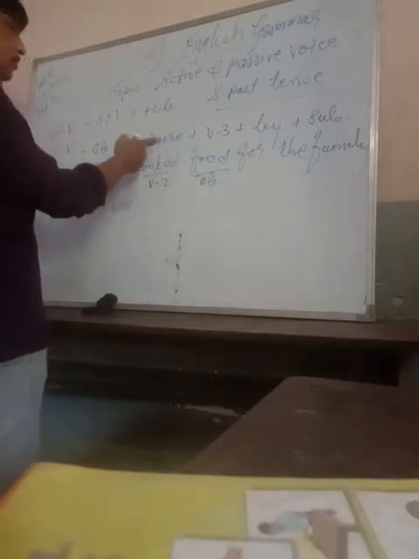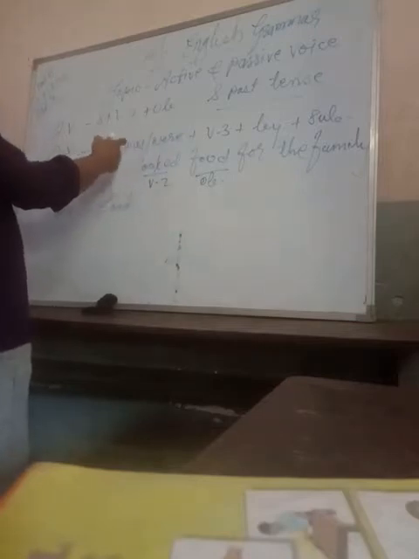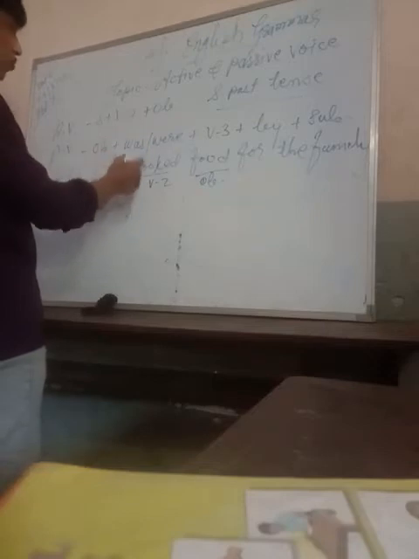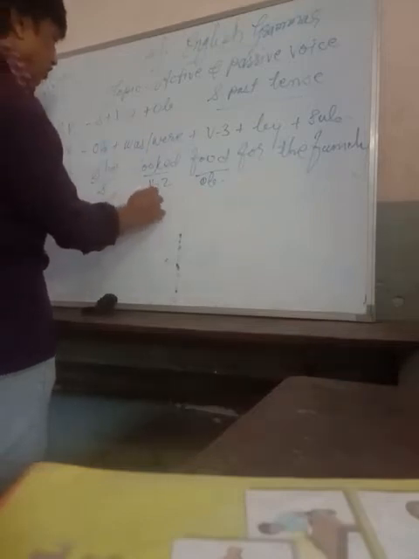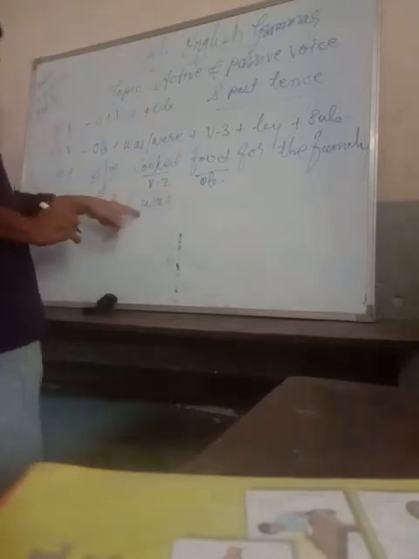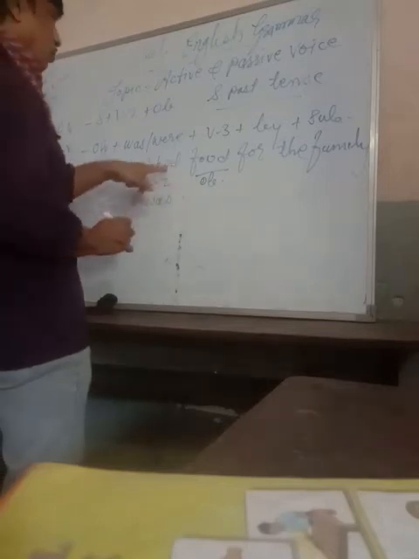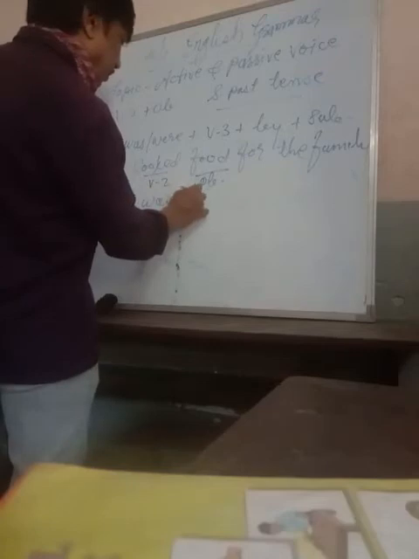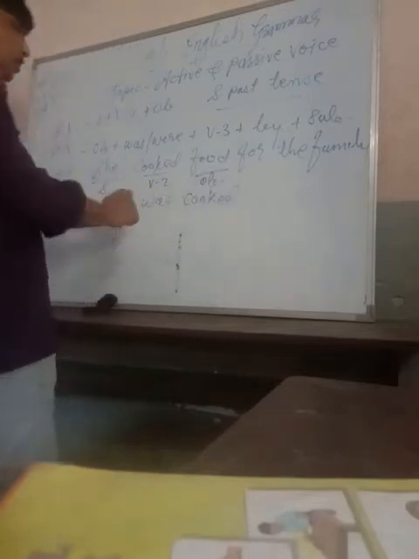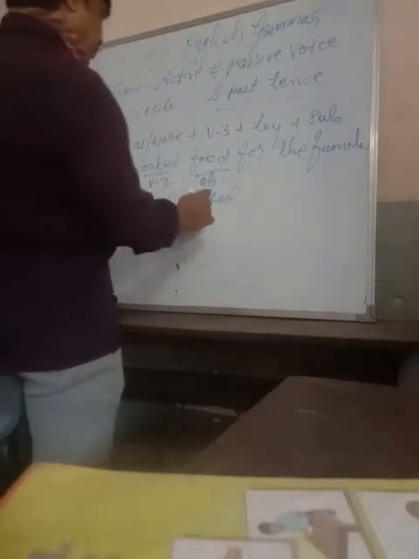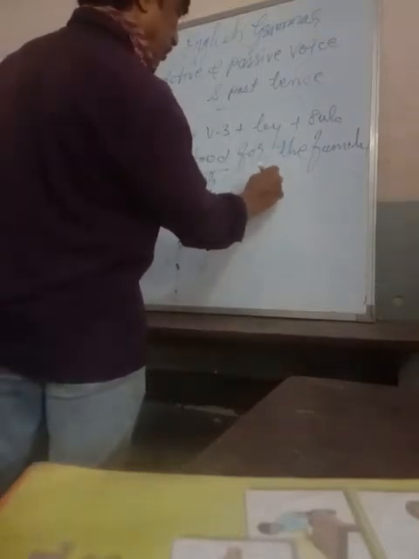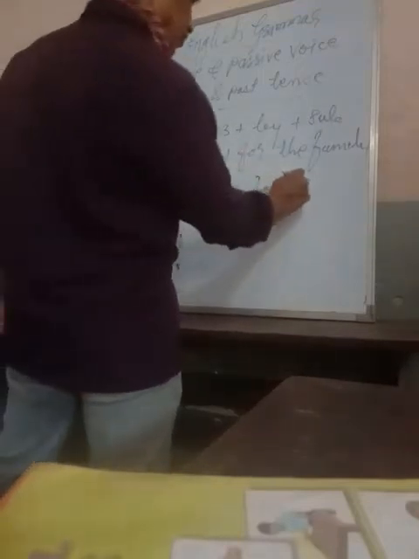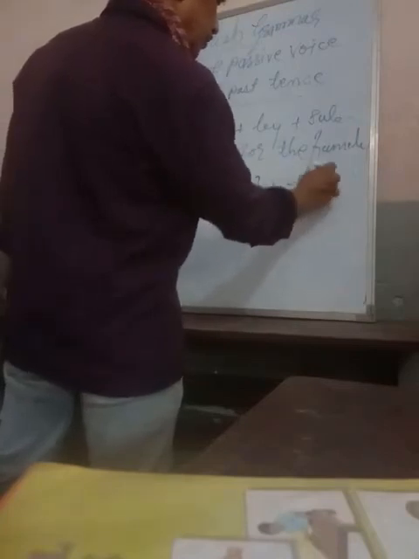Food. Afterwards, one of the to be verbs, was. Because food is singular, was will be used here. So food was. Now cooked. As I told you, both the forms are the same. So cooked, the past participle. Food was cooked for the family. Then the additional, for the family, you can take here.